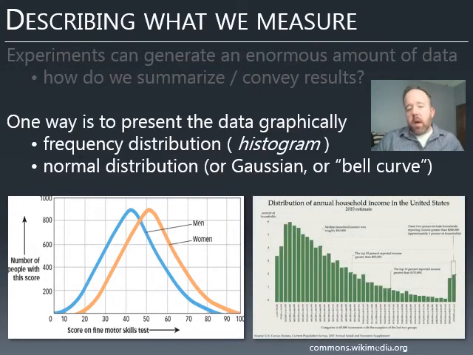For example, this is a histogram, the same sort of representation, but here we're looking at household income in the United States. And this does not adhere to a Gaussian distribution. It's not a bell curve with data evenly distributed around the middle.